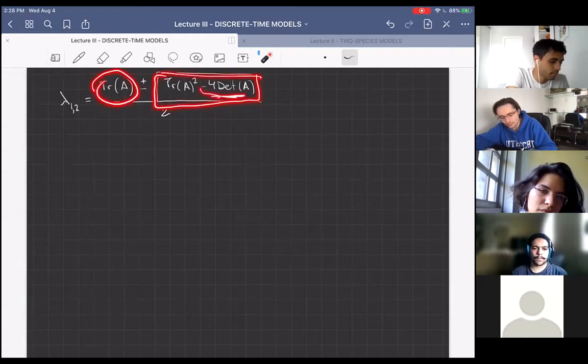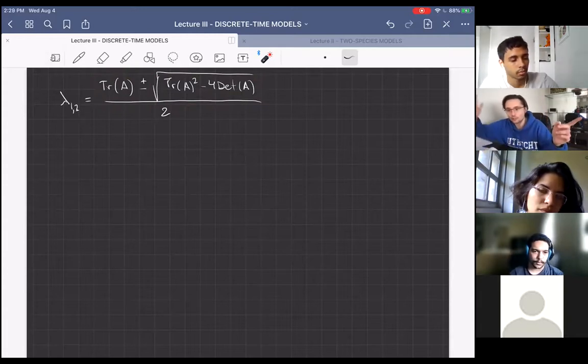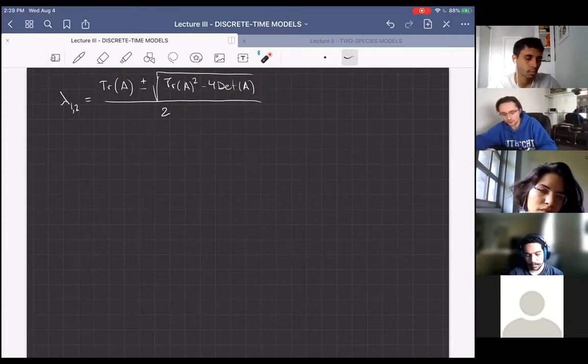Because I am adding some other number here. Then I know that the eigenvalues are both going to be real, and one is going to be positive and the other one is going to be negative, because I have the trace of A, and I am adding to it a number that is larger than the trace of A, or I am subtracting a number that is smaller than the trace of A.